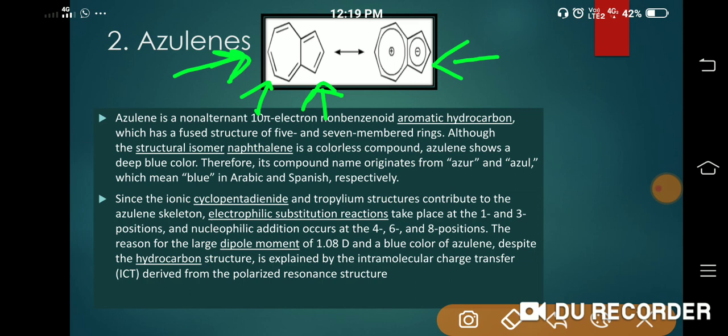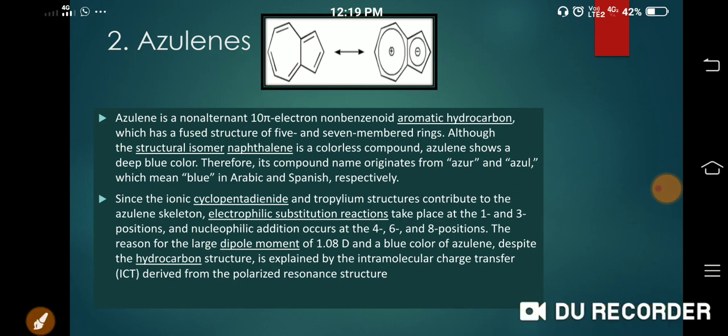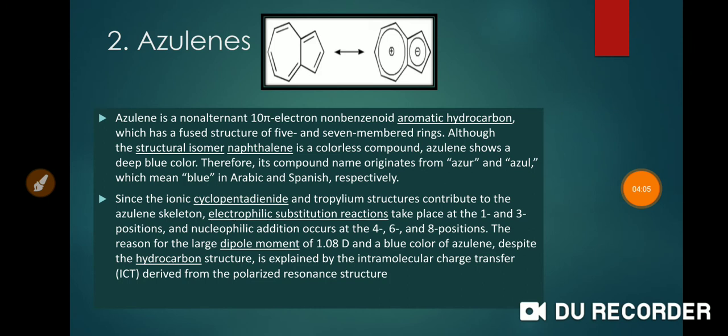Also there is presence of one sp3 hybridized carbon which prevents complete conjugation. Hence, this cyclopentadienyl requires a negative charge to become an aromatic species. In the fused system, azulenes have non-alternate 10 pi electrons.